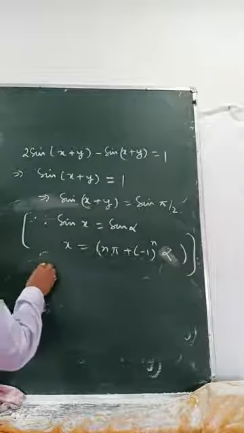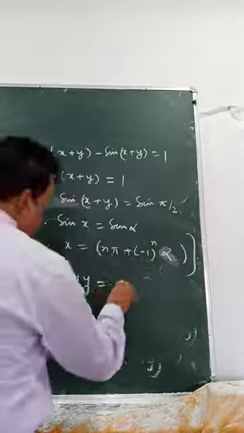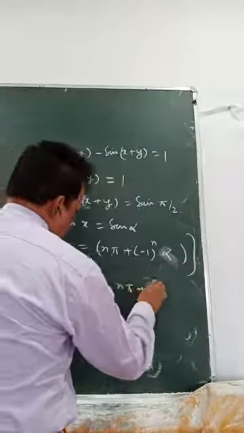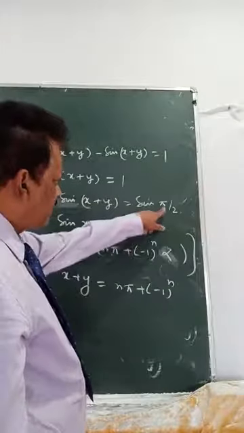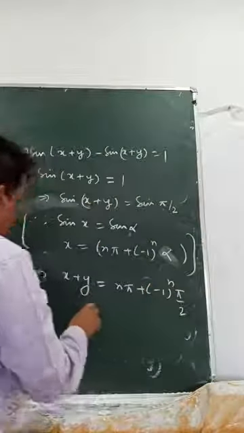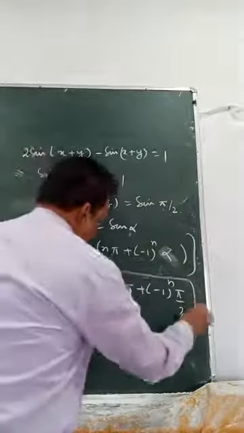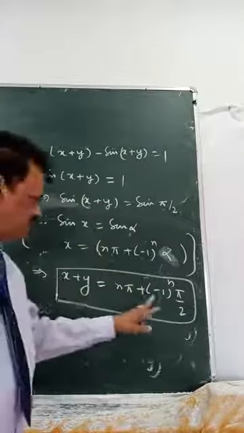So this implies x plus y equals n pi plus minus 1 to the power n times alpha, where alpha is pi by 2. Okay, let's keep it like this. But you need to find the values of x and y.